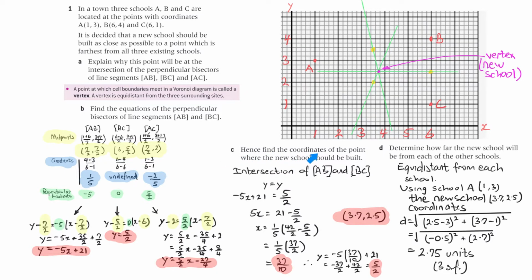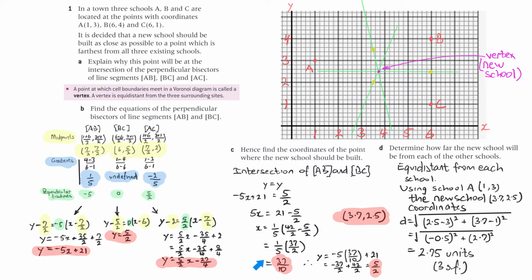C, hence find the coordinates of the point where the new school should be built. Well, at the intersection of those lines, and they all intersect at the same point, but we're just using AB and BC. We're saying that at that point, the y values and x values are the same, so y equals y. So that means minus 5x plus 21 equals 5 on 2.